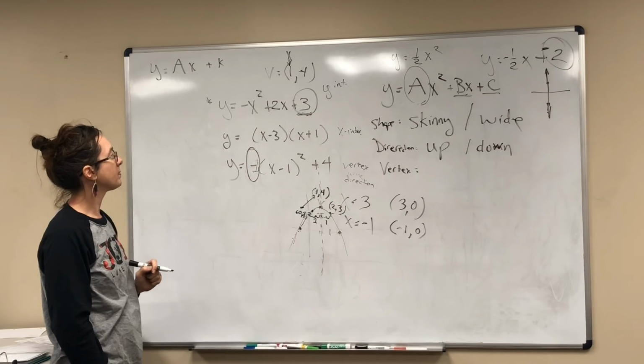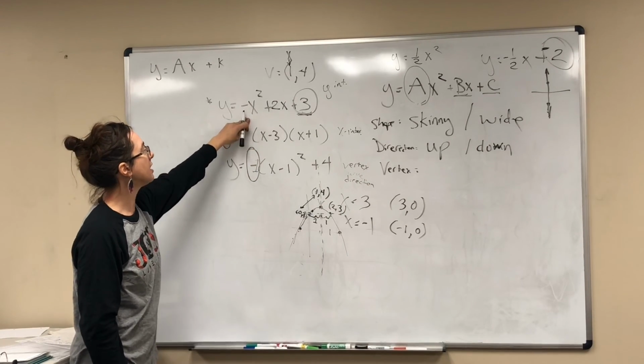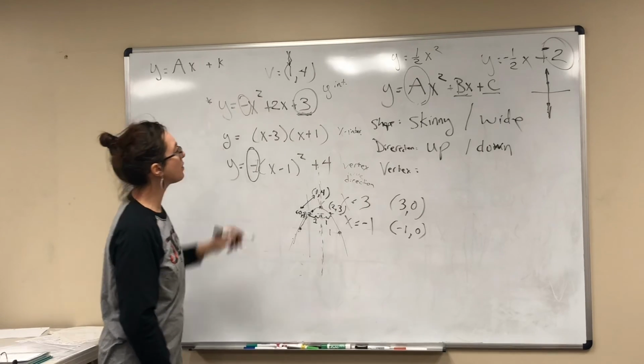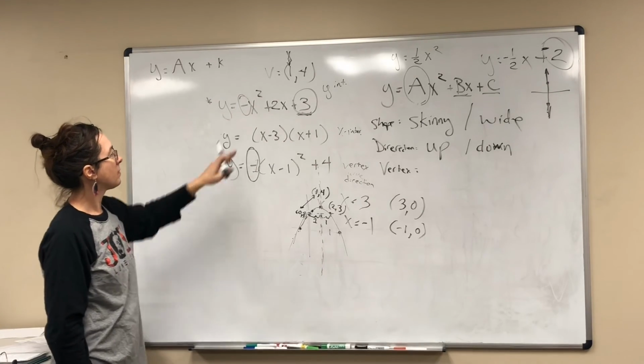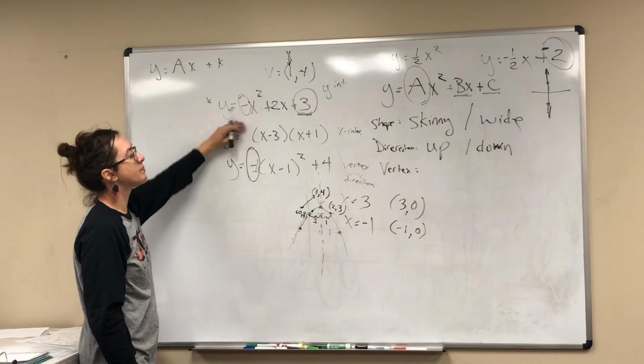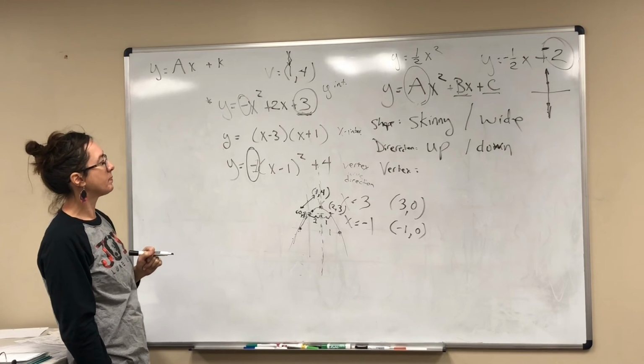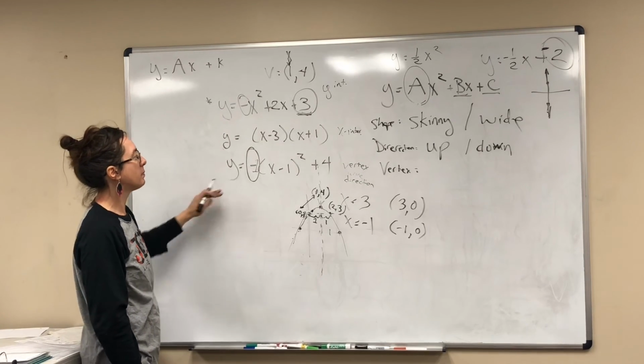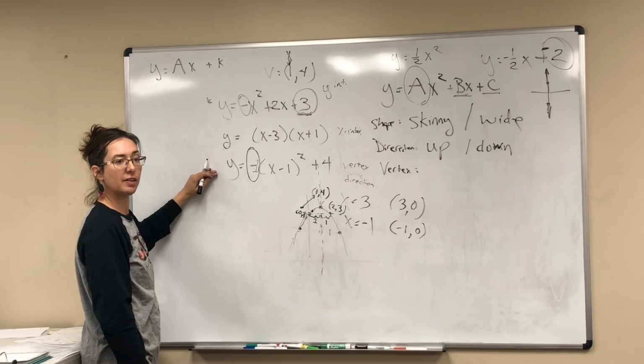The standard form also gives us our curvature and direction because it is still your A value. So you can get it from both of them. But our vertex form gives us all of that, okay?